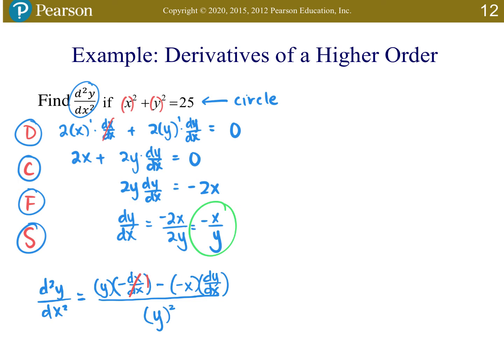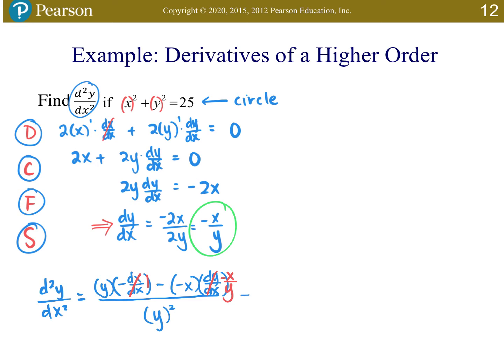The dy dx simplifies to something else. Well, we just figured out what dy dx was. So this dy dx simplifies to negative x over y, which was the result. That's always going to happen when you're working with the second derivative. You should be at some point plugging in what you got for the first derivative. It will always happen that way.